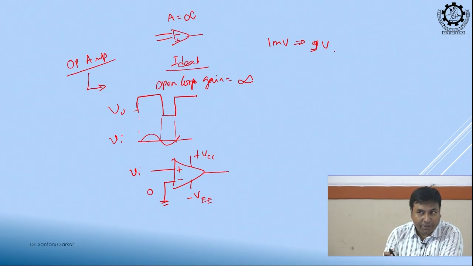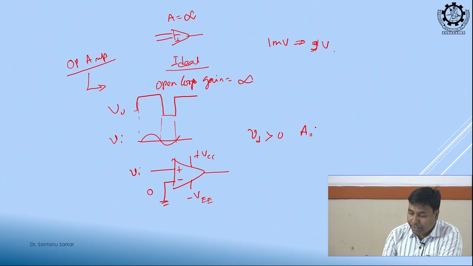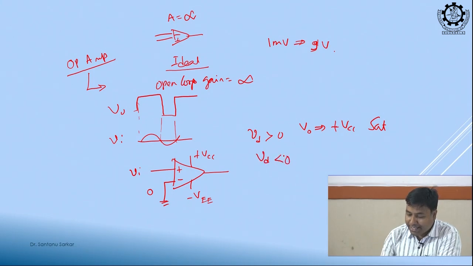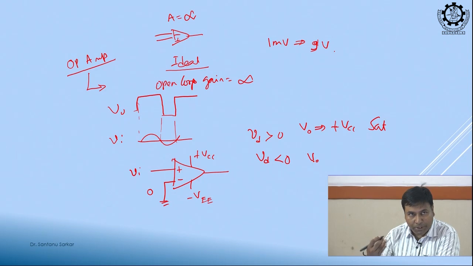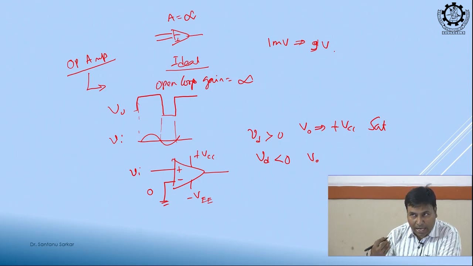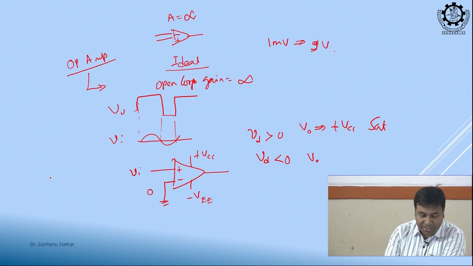Getting my point? The moment Vd is greater than 0, V0 will go to plus VCC, that is we say it will saturate, and the moment Vd is less than 0, V0 will go to the other direction, right. What is this V0?